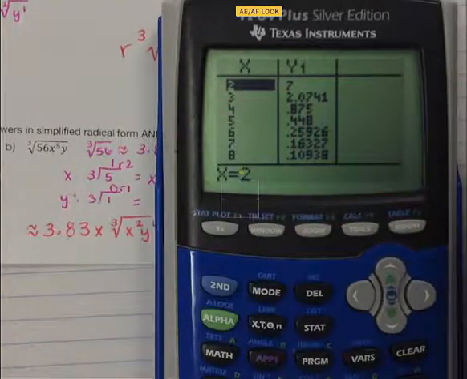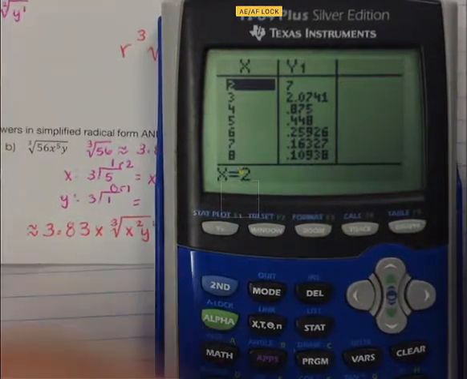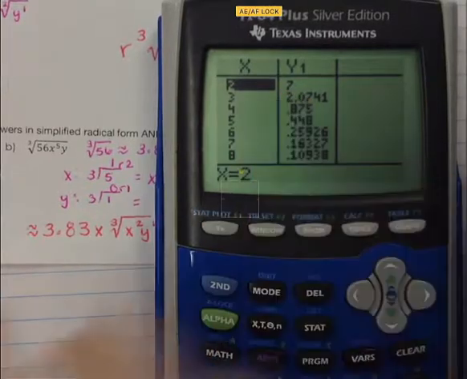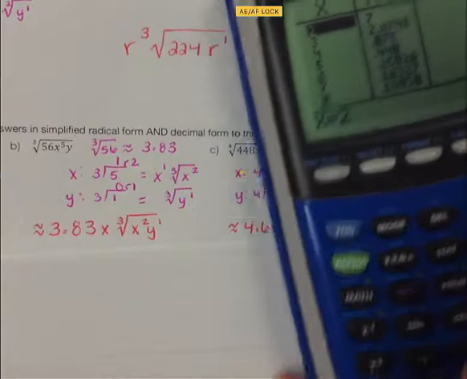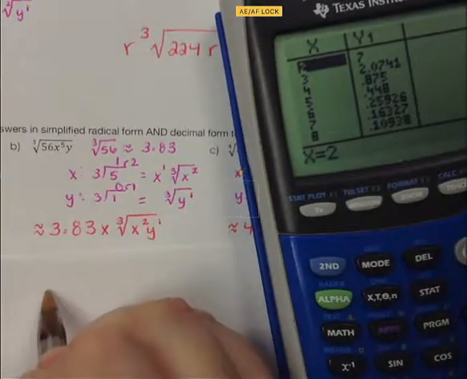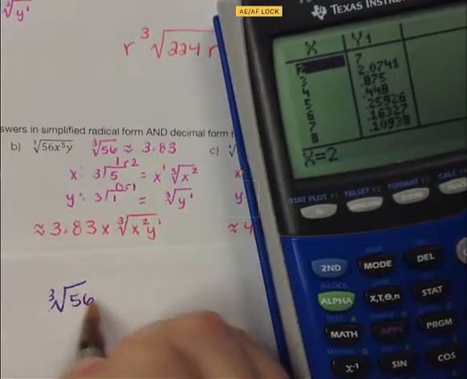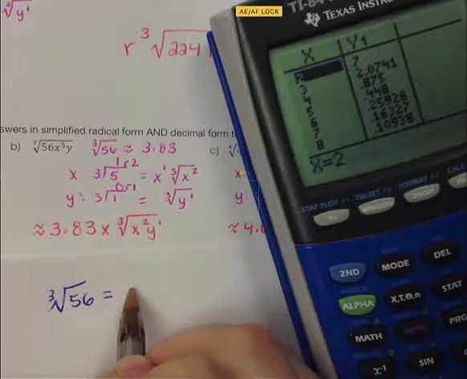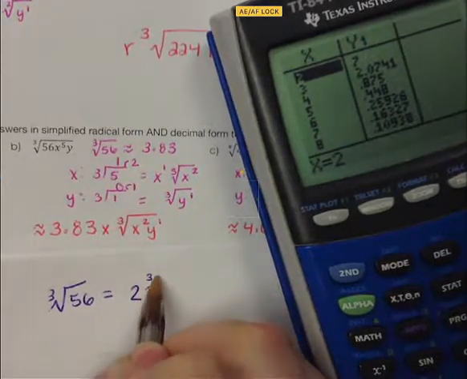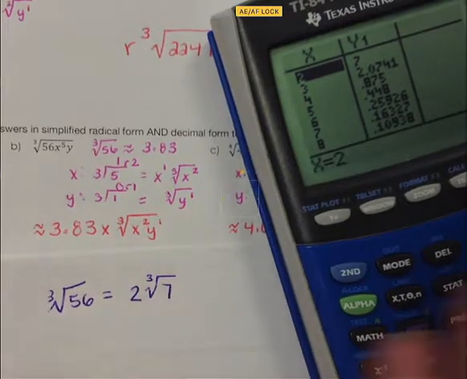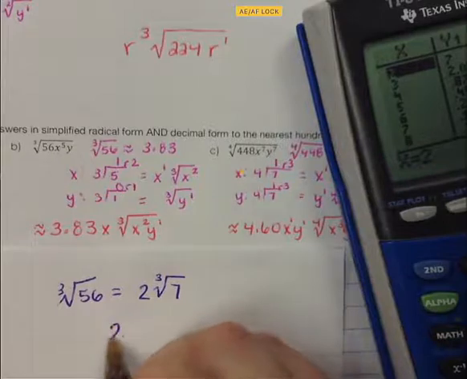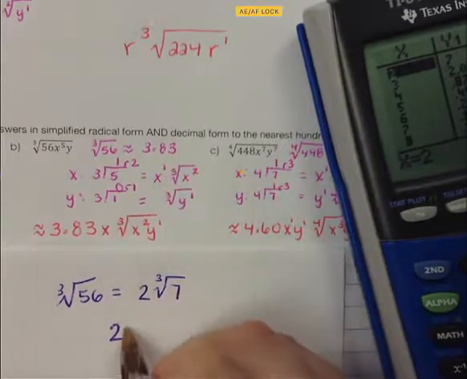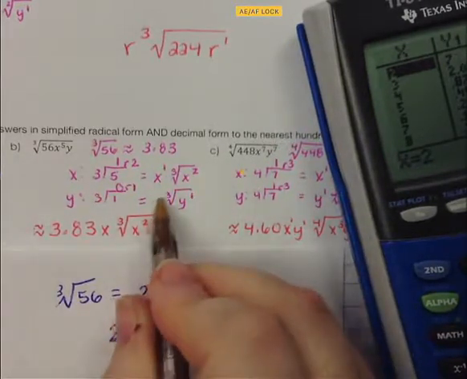So what this would become is, instead of it being a decimal, I could actually keep this as, this is my coefficient and this is my radicand. So I'm going to write it out real quick over here on a scrap piece of paper so you can see it. The cube root of 56 is equal to, the 2 is your coefficient, we have the index of 3 still, and your radicand is 7. So if I wanted to combine all of those, I would have 2 for the coefficient, x to the first is a coefficient, and there's no y coefficient.